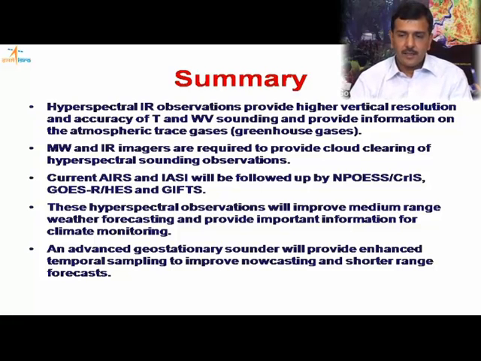Current AIRS and ERC, as well as CrIS on board NPOESS, are providing hyperspectral measurements of the atmosphere, and in future we will have two on board geostationary satellites, one on GOES and another, GIFTS. These observations will improve our medium range weather forecasting and provide important information for climate monitoring.